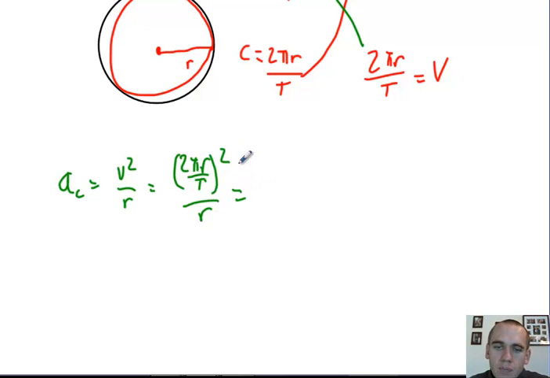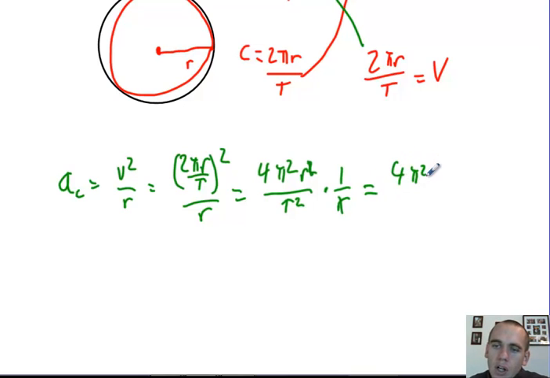So now if I run that square through the parentheses, 2 squared is 4, pi squared is pi squared, r squared is r squared, and T squared is T squared, times, remember dividing by something is the same as multiplying by the fraction, times 1 over r. Well, this r cancels that square, and this simplifies to 4 pi squared r over T squared.